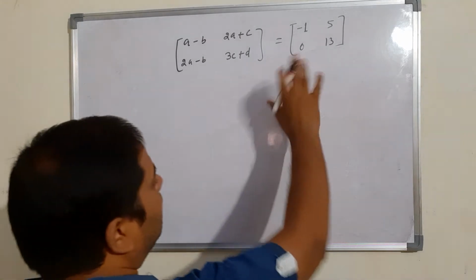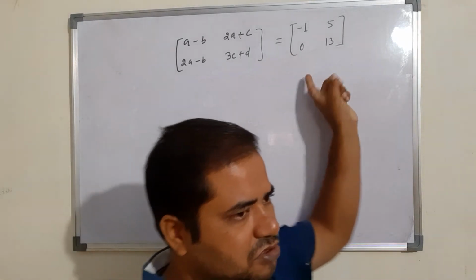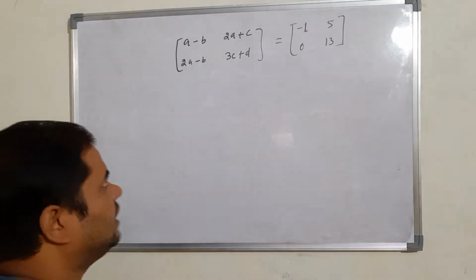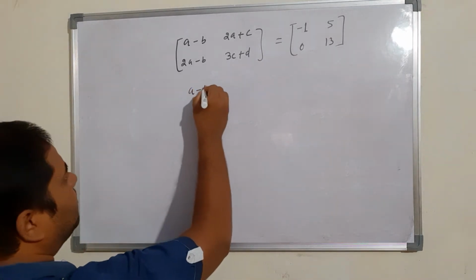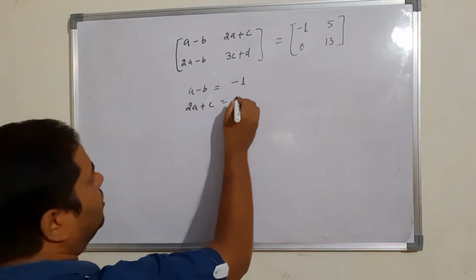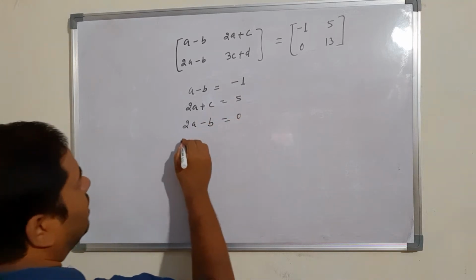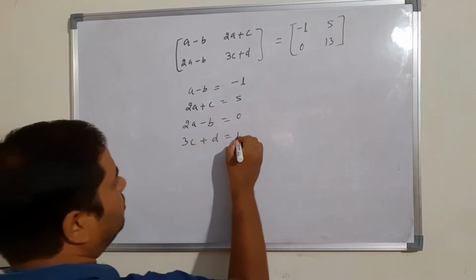So you use the equality of matrices. Both are of order 2 cross 2, and corresponding elements are equal. That's why A minus B is equal to minus 1, 2A plus C is equal to 5, 2A minus B is equal to 0, and 3C plus D is equal to 13.